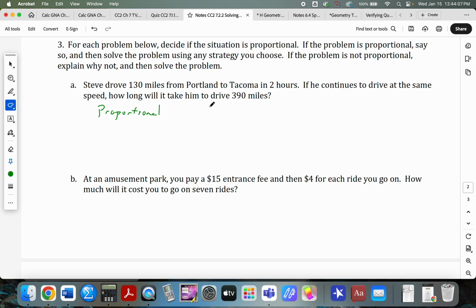And I like to start with what I don't know. I don't know the amount of time, so I'll call that t over 390, the time it takes to drive 390 miles. And notice I have time over the distance, so over here I should have time over the distance also. 2 over 130.